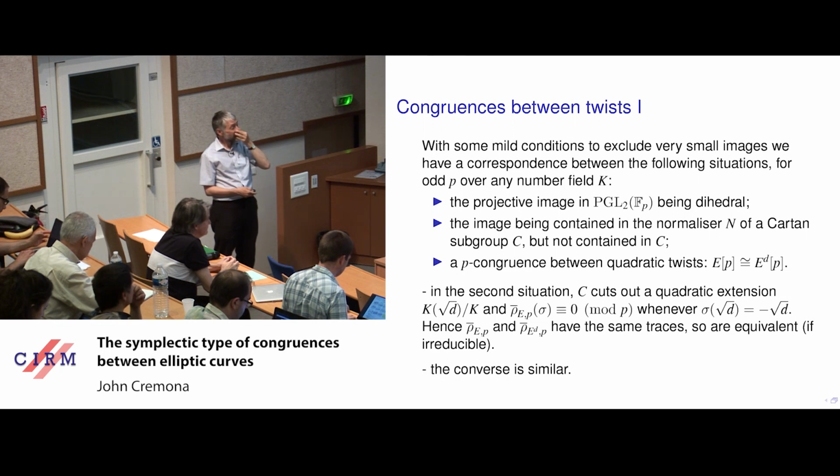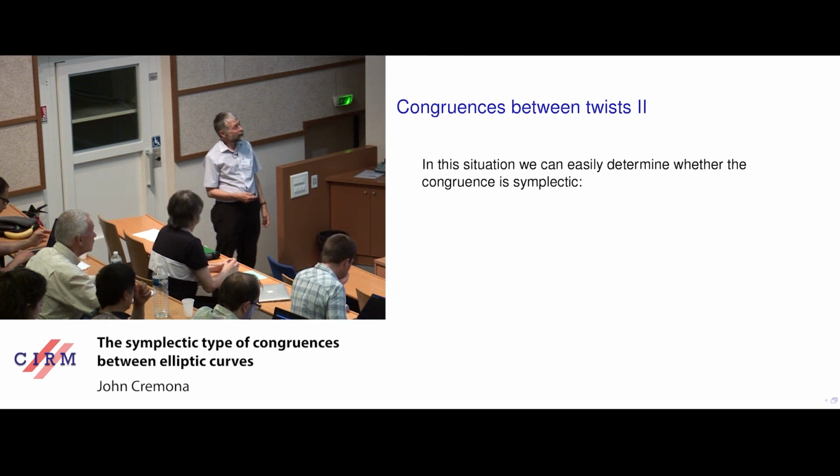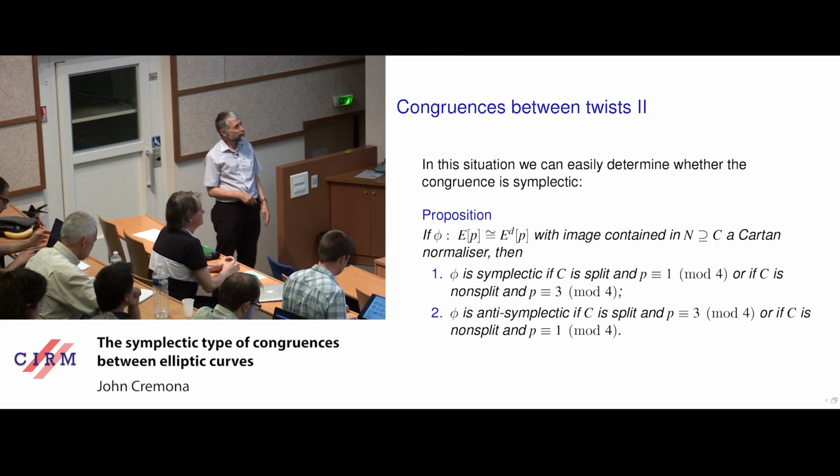So in this way, you're able to not only find congruences, but actually in this situation, you can also determine whether they're symplectic or not. So we have a nice theorem about this, of which I'm very proud of the proof. It's one of these things where the first proof took several pages and horrible calculations, and now it's really nice and succinct. I'm happy with it. So here's the result.